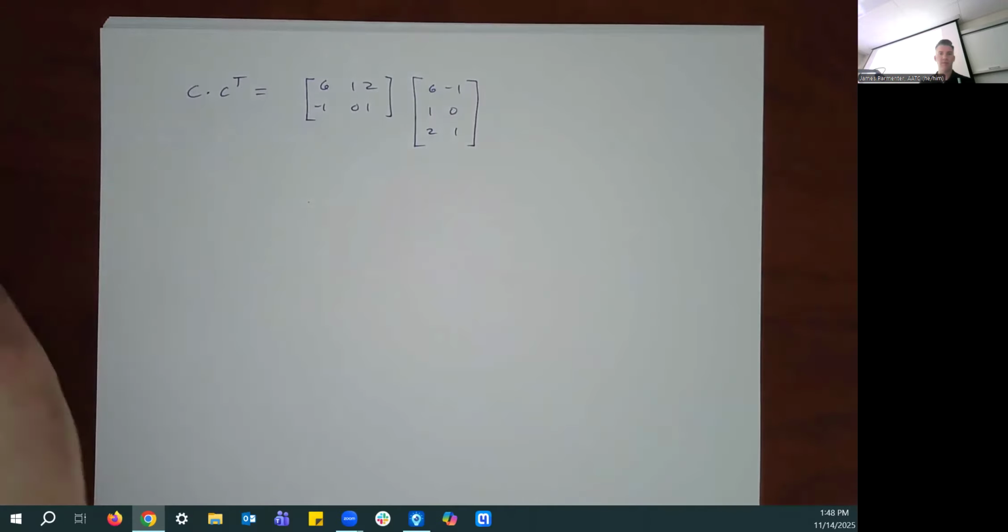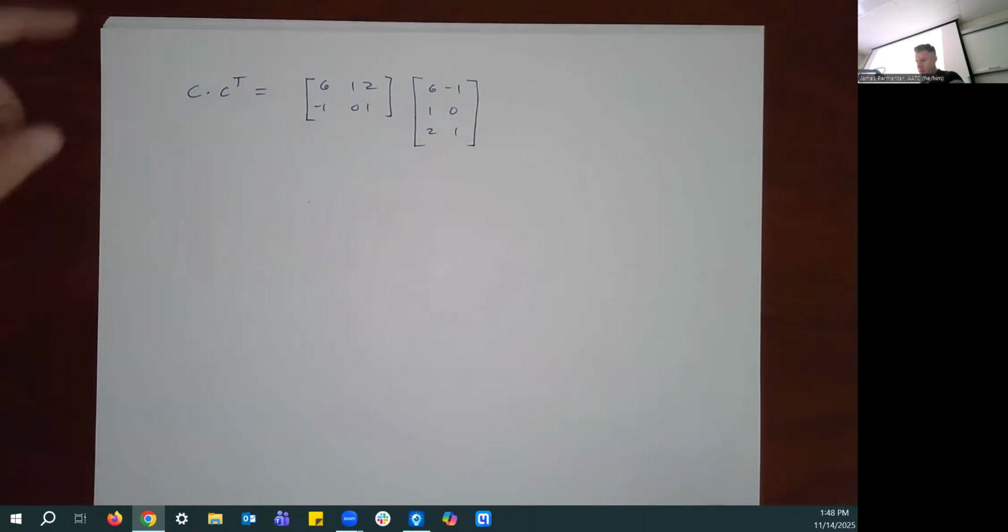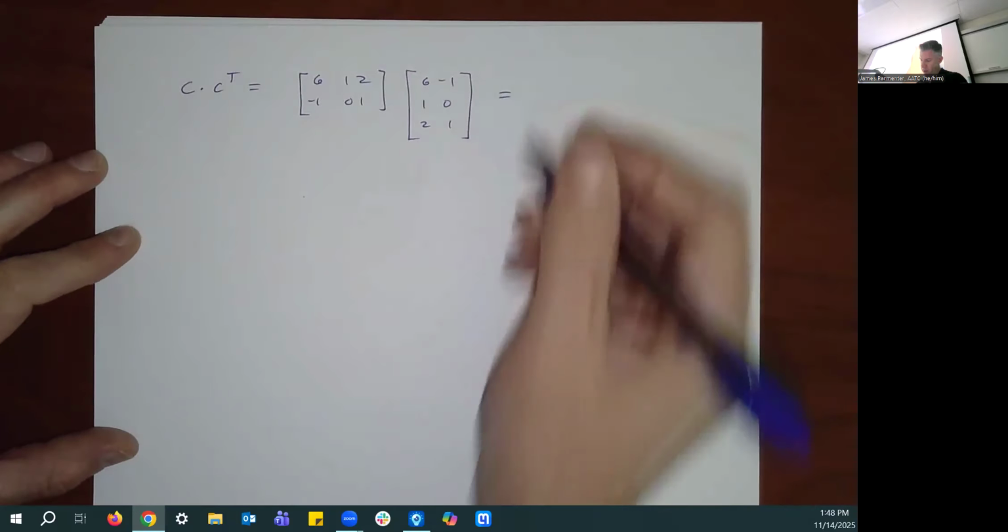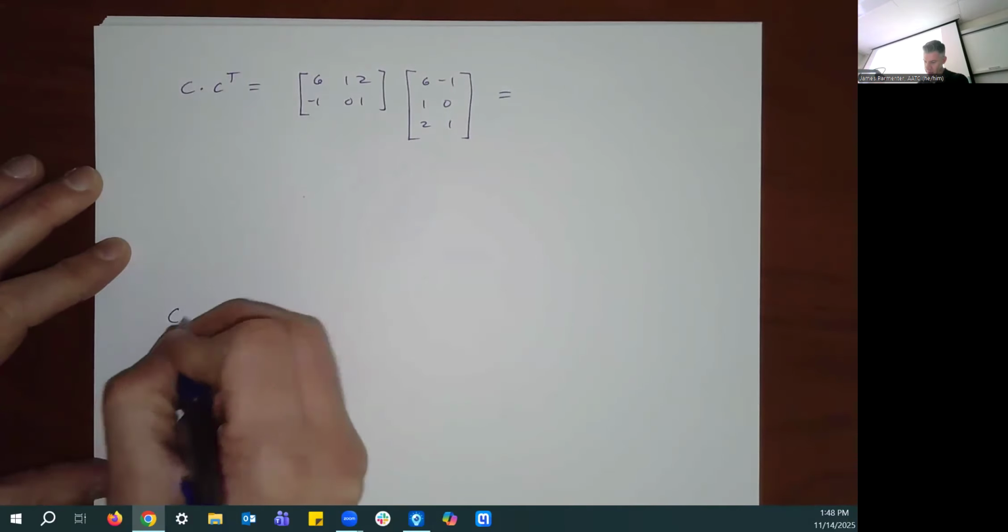Multiply that out, showing as much or as little work as you care to. And if you finish early, then calculate C transpose times C.